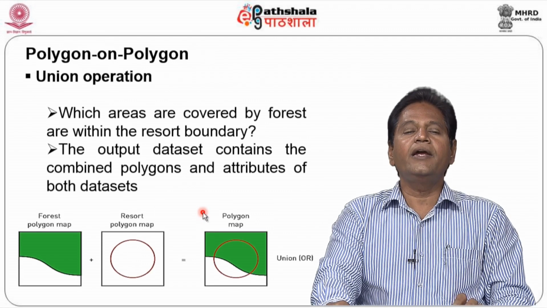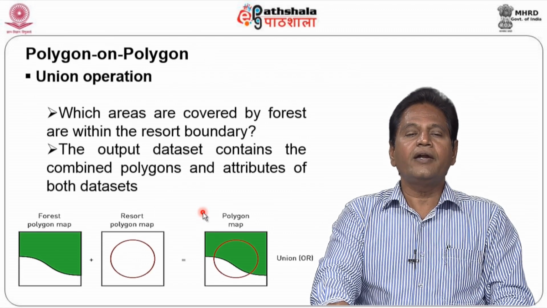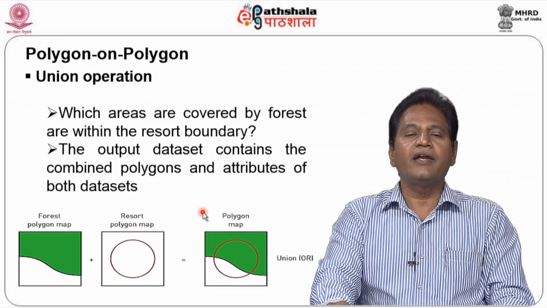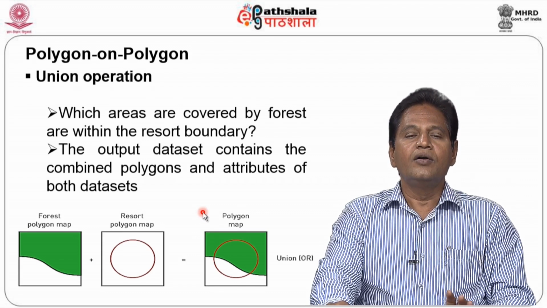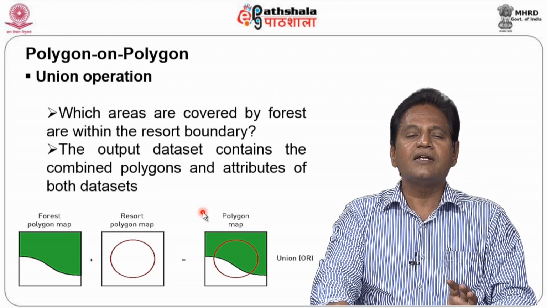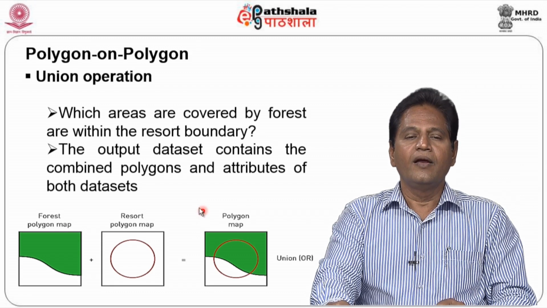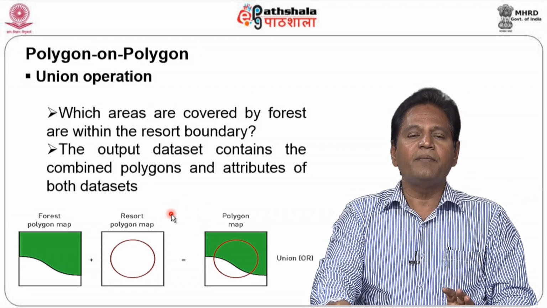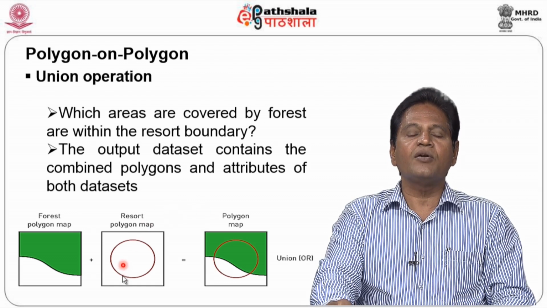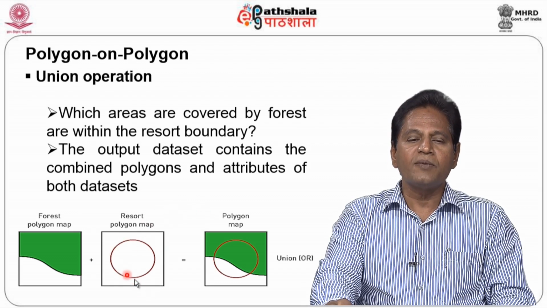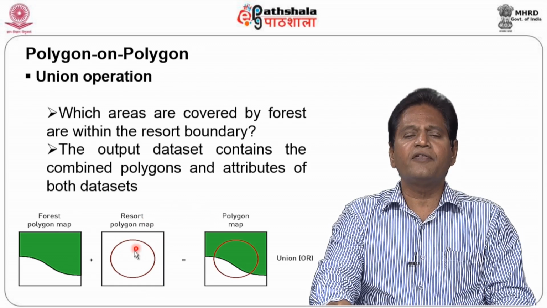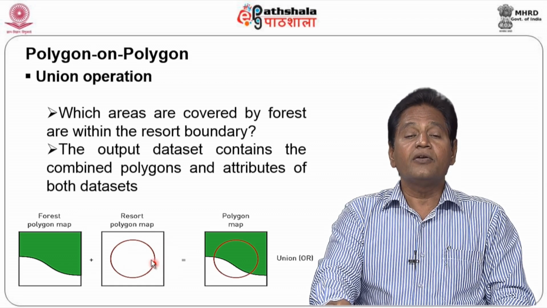Then polygon on polygon, what kind of analysis can one do? We would like to find out, there is a resort. Which are all the areas covered by forest within the resort boundary? This is my resort boundary, maybe a 100 meter buffer or the actual boundary, and I want to find out which part of the resort is covered by forest area, because there are two things.